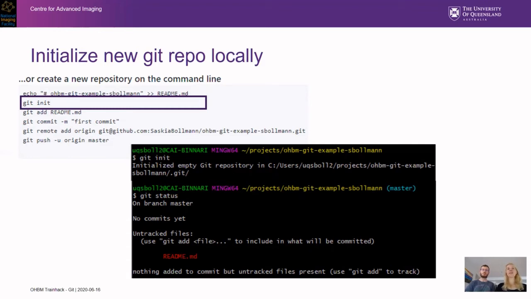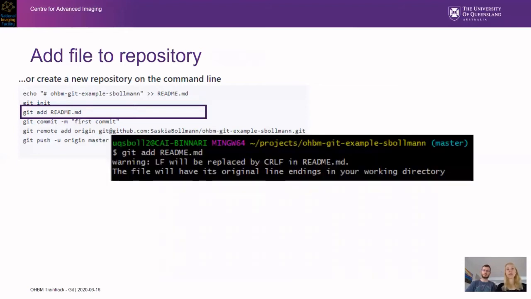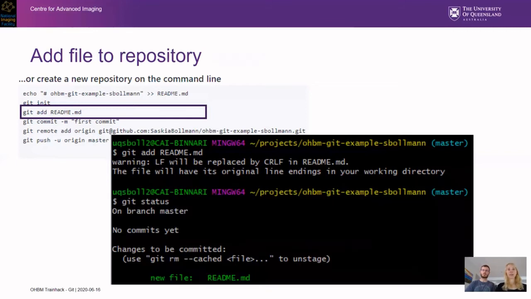It tells us we have nothing committed yet, but there's one untracked file, which is the README we just created. It also tells you how to continue from there, using git add to add this file to the repository. That's exactly what we're going to do. So we will add the README to our repository and then check the status again. And we can now see, oh wow, there's a new file that has been added.